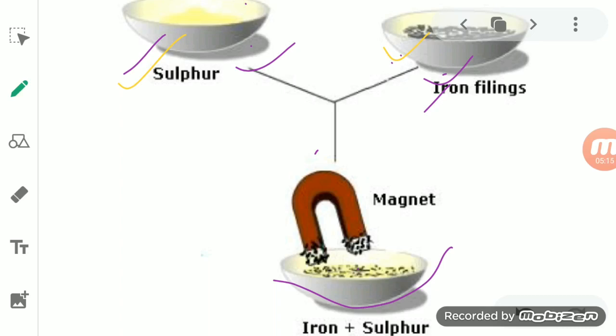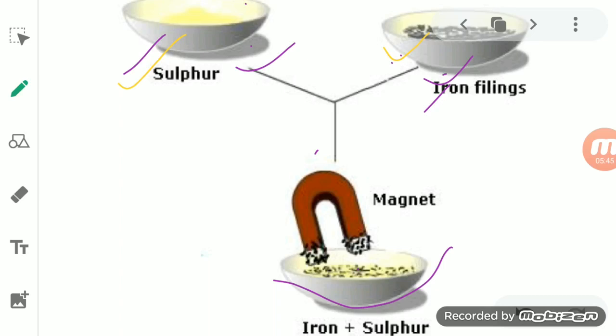Magnetic separation can be used in many processes in which we separate a magnetic material from other material with the help of a magnet. This is the last method by which solid and solid components can be separated from each other.